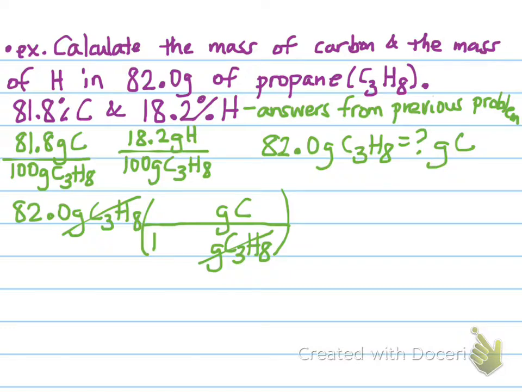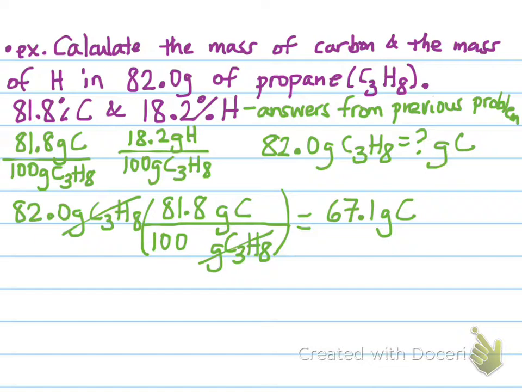And again, we know that in 100 grams of propane, we would have 81.8 grams of carbon because our percent composition of carbon was 81.8%. So, we put this in our calculator, right? 82 times 81.8 divided by 100. And we should have 3 significant figures, so you should get 67.1 grams of carbon.